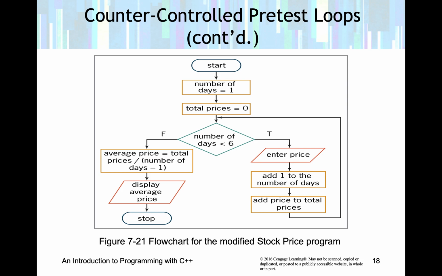So it does some calculation. It takes the accumulator here, the total price, divides it by number of days. Remember, number of days at this point is a 6, but we only entered prices for 5 days, so they had to subtract 1 from that to make this a 5, and then they displayed the average price.